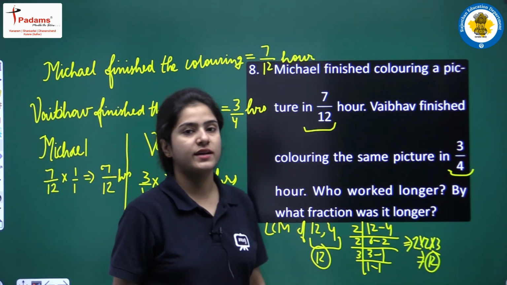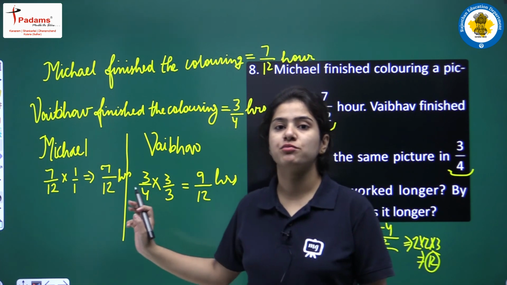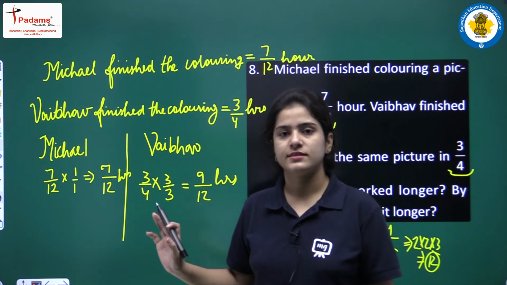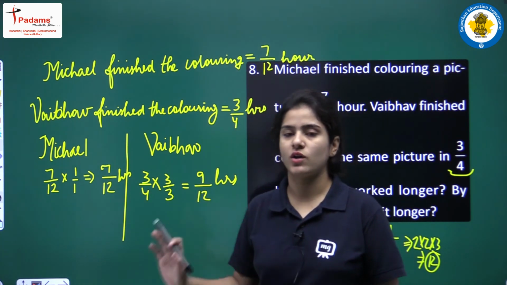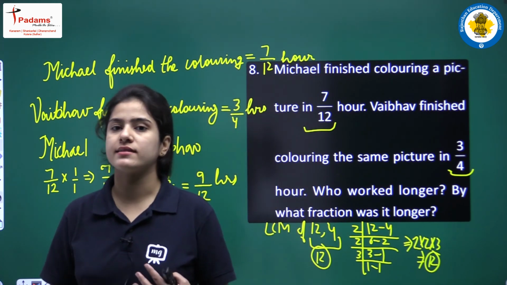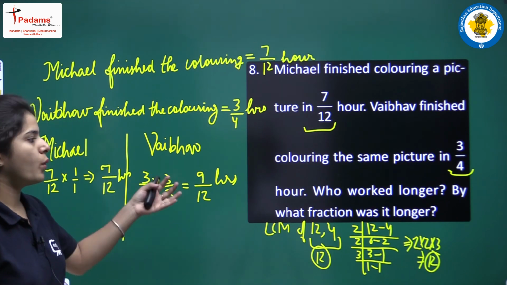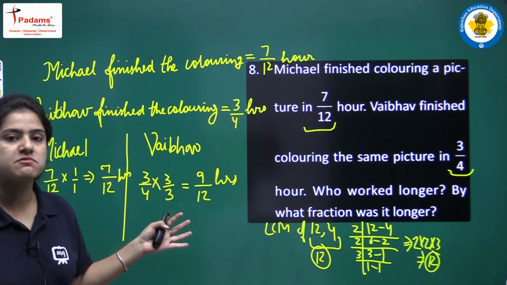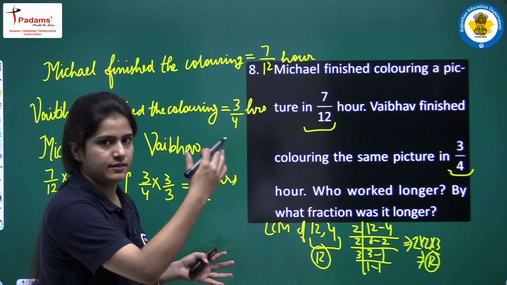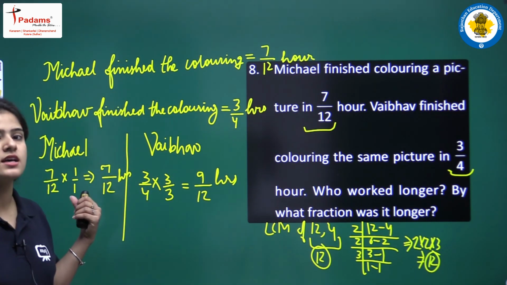Now students, have a look at these two. The denominators of both the fractions are the same, right? This is also 12 and this is also 12. Now we can compare them. By looking at the numerators, you can clearly see who is working longer. Vaibhav is working longer because he has 9 in the numerator and here it is 7.